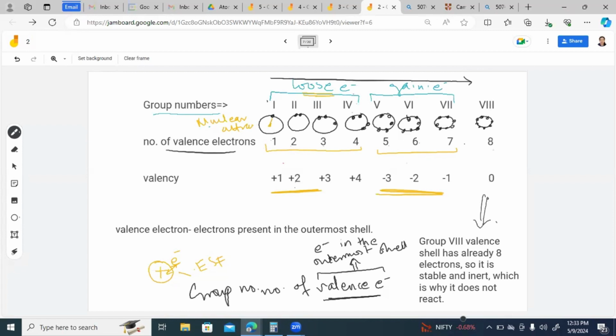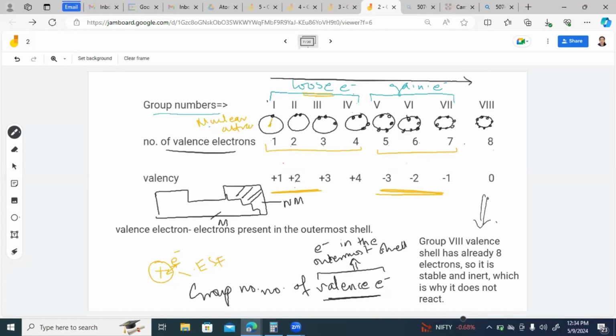It is not specific that only these are metals, because you have to draw the staircase on the periodic table that you will get. You have to make a line over here, the staircase.